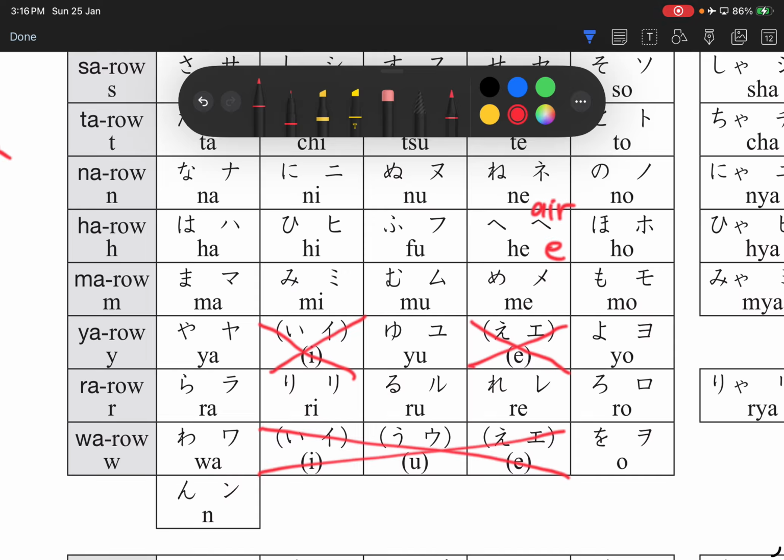The next one, ri. This one is not ri, it's li. So we say li, just li, like how your grandmother will pronounce radio. Next, ru. Same thing, it's not ru but lu.